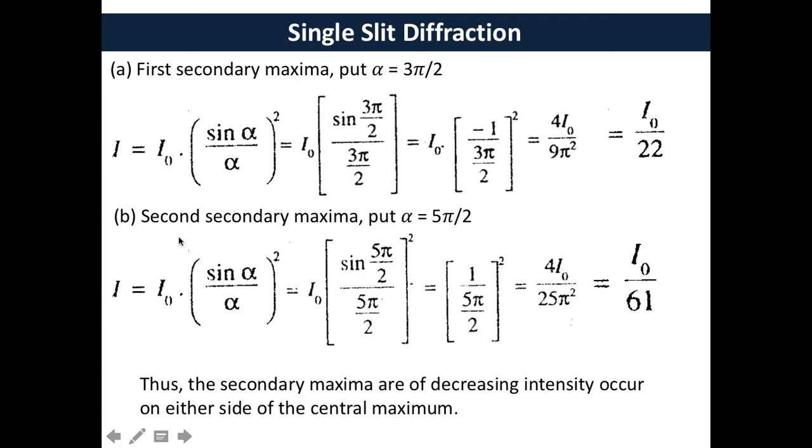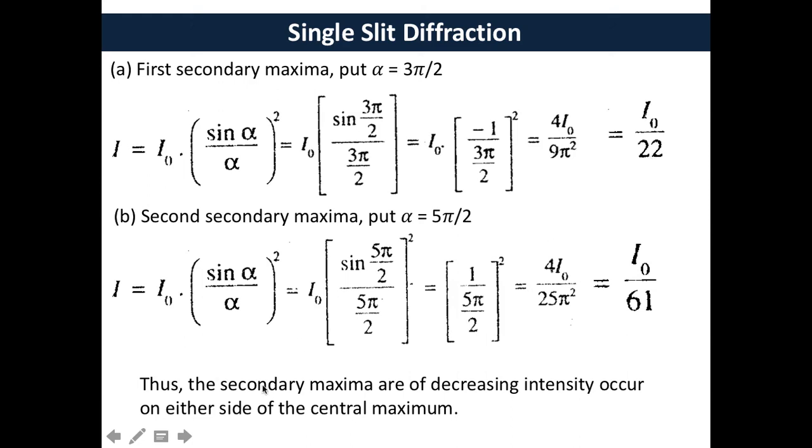If we take the next secondary maximum, alpha is equal to 5 pi by 2, then sine 5 pi by 2 square is 1, and the denominator is 25 pi square by 4, which is approximately I0 divided by 61. So I0 divided by 22, I0 divided by 61, it means the intensity decreases.